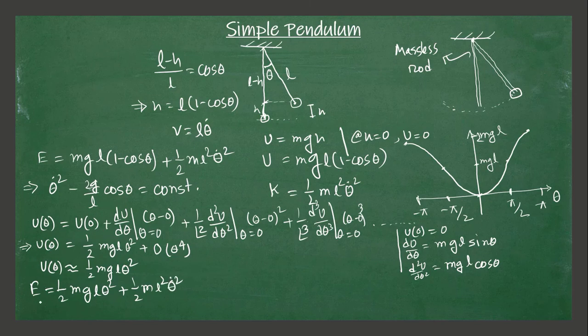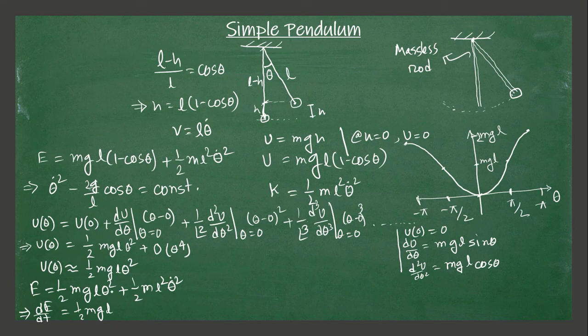Now, as you know, we have the conservation of energy principle, so this thing will remain constant throughout time. So if we differentiate this quantity with respect to time, it should return you 0. So let's do that. dE over dt will be equal to half mgl.